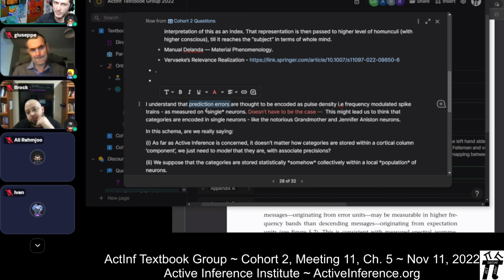But to the extent we're even going to talk about neural phenomena as being related to statistical phenomena, it doesn't have to be the spiking density, nor does it have to be on single neurons.